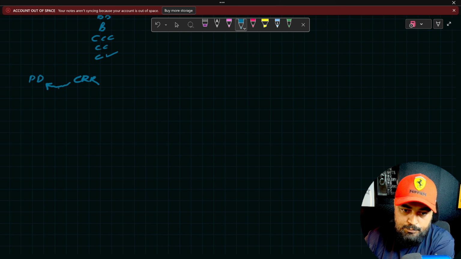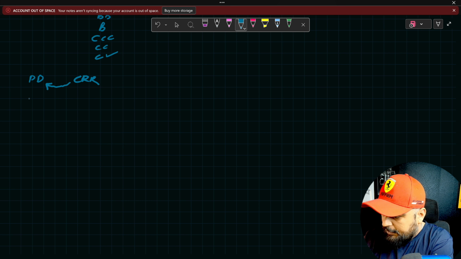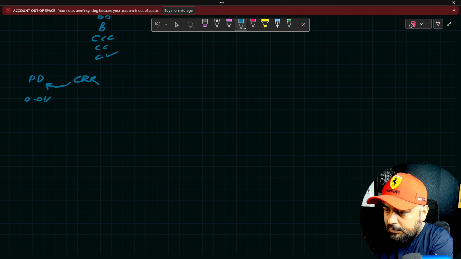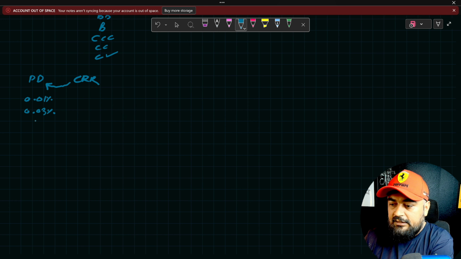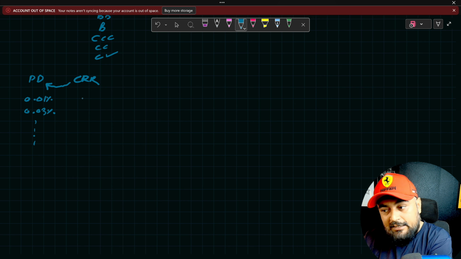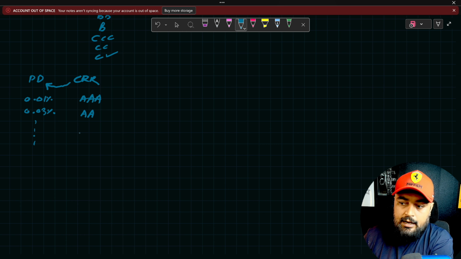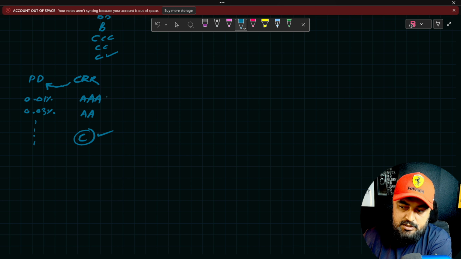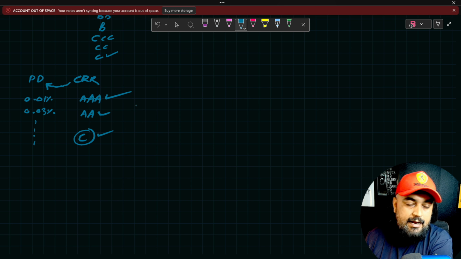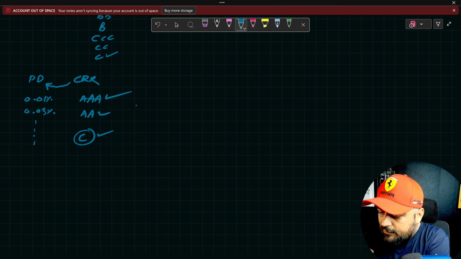That's why CRR is important. Why? Because PD will tell you 0.01%, 0.03% or something like that in terms of probability. CRR will tell you how many customers are in this bucket, how many customers are there in this bucket, and how many customers are in the C bucket. So those are the worst customers, best customers, second best customers, and all that bifurcation. That's why it's very important.